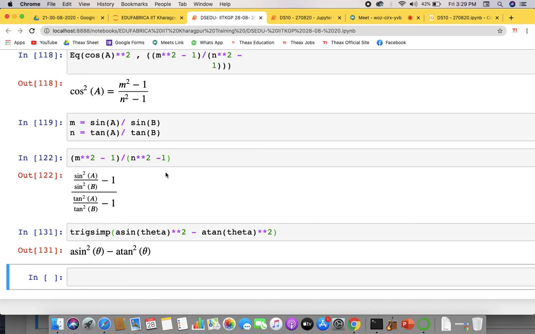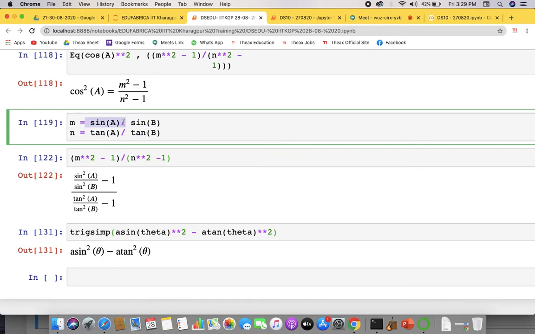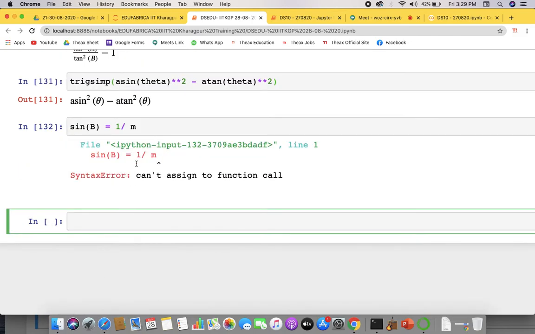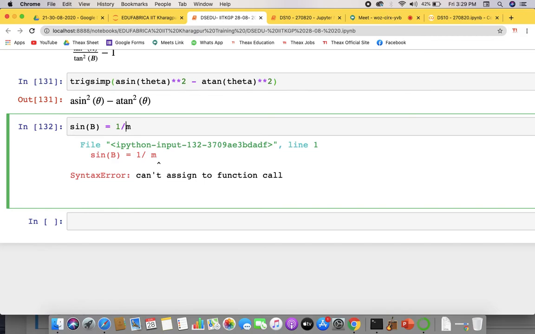So sin a is equal to m sin b, right? From here we can see sin a is equal to m sin b. So can we say that sin b is going to be equal to 1 by m?